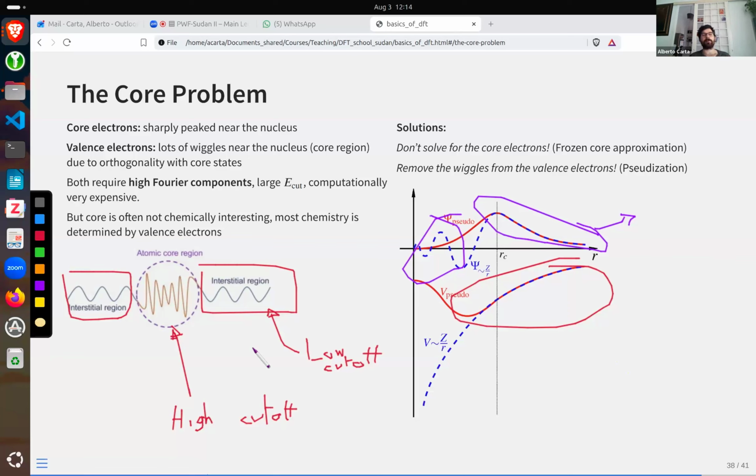So we want to have strategies in order to hide away this region from the rest of the crystal, to describe this region in a much smoother way that we know is incorrect, but we are not going to look at. It's just a way to make the calculation simpler.